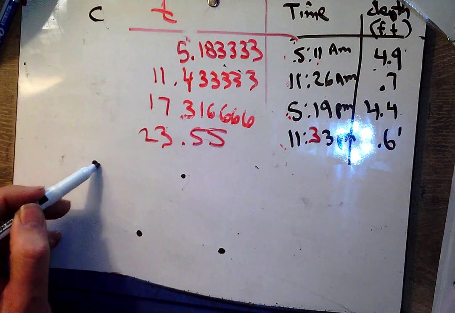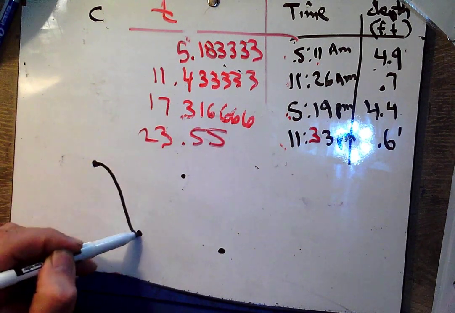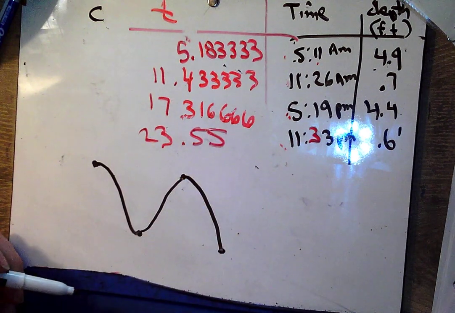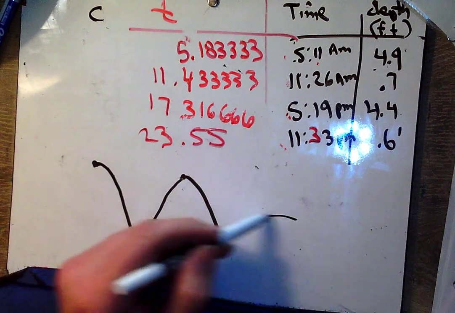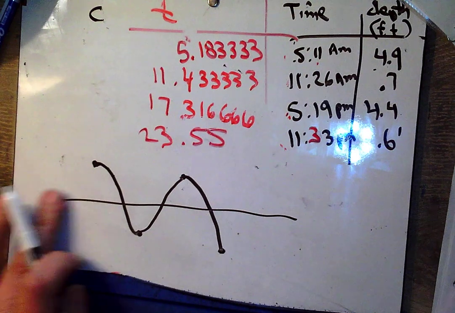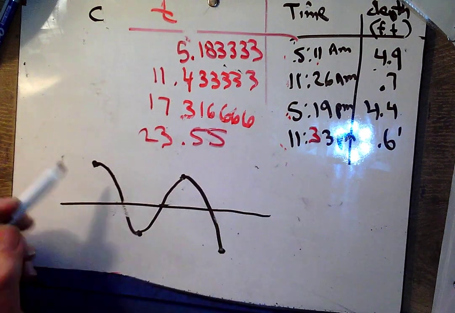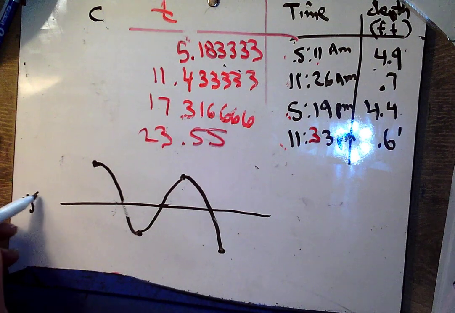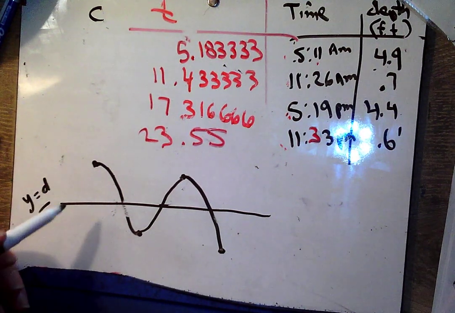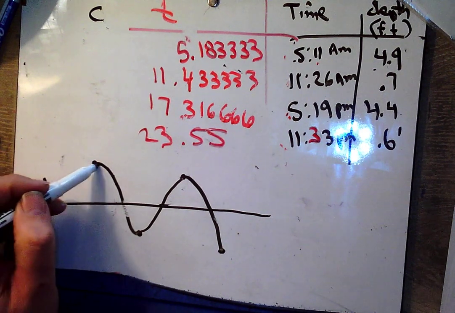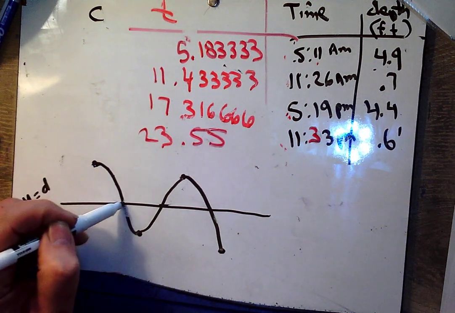Okay. So I'm starting here and going down to that one, up to that one, and down to that one. And I'm thinking about here, oops. Yeah, no, that could be the sinusoidal axis. That's good. Y equals D. Okay. Well, when I'm looking here, my graph starts not on the sinusoidal axis.